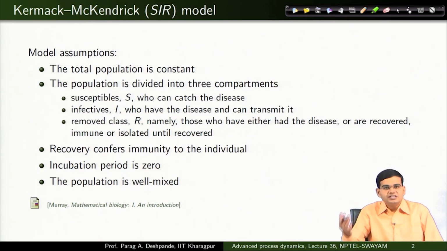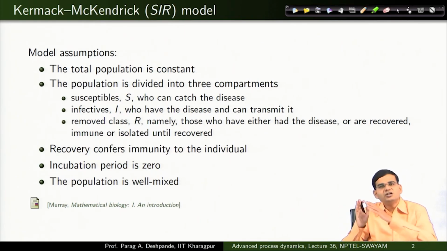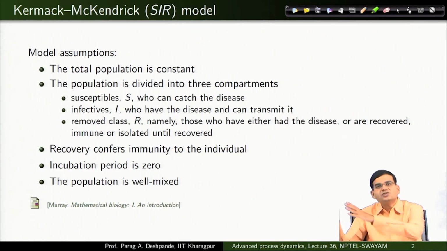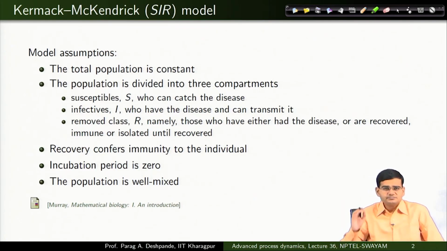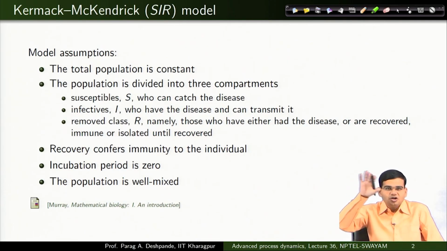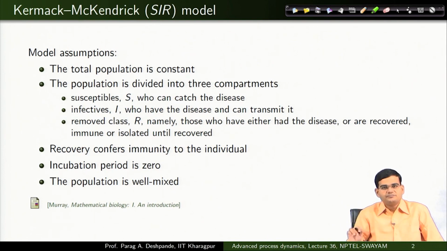They may be vaccinated. So, again that particular class may be considered as removed, or isolated until recovered. We are not going into the details of the steps undertaken to make this population insusceptible to further contraction of the disease. We have lumped all of these cases into one category, which is called R.